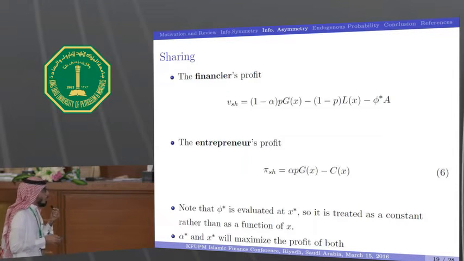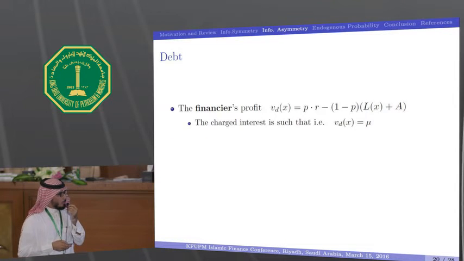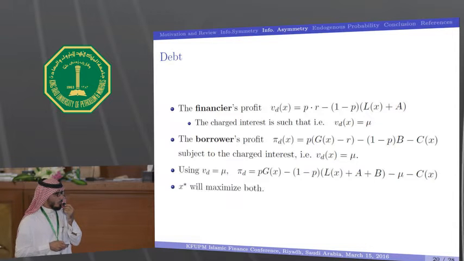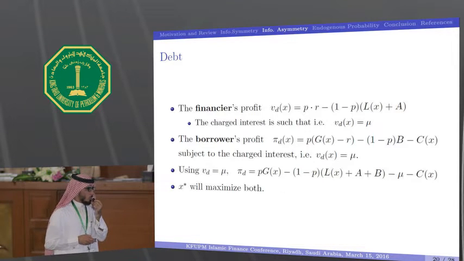In that situation, under information asymmetry, we will again have the optimal effort, which will maximize both the financier's profit and the borrower's profit.